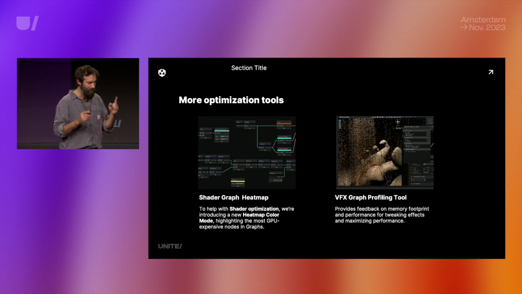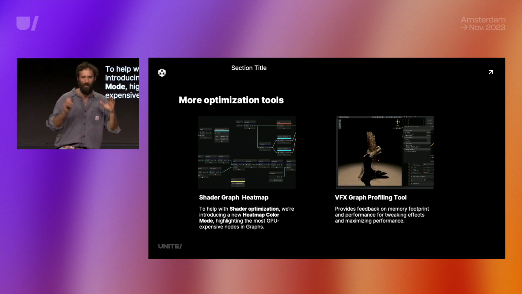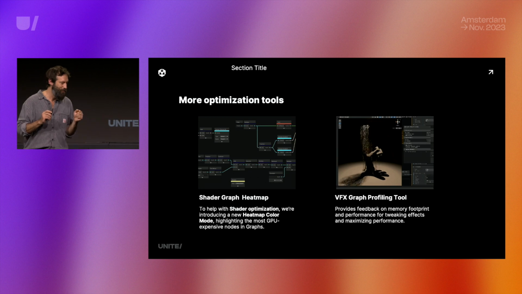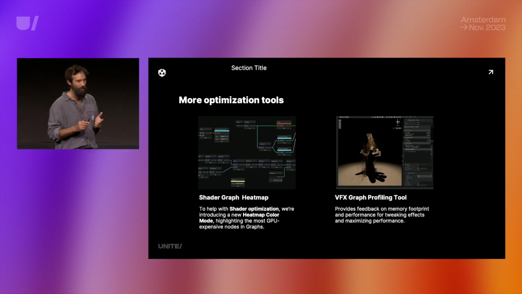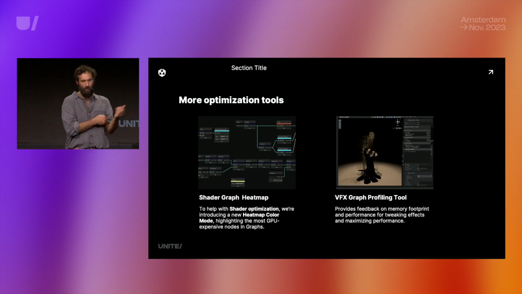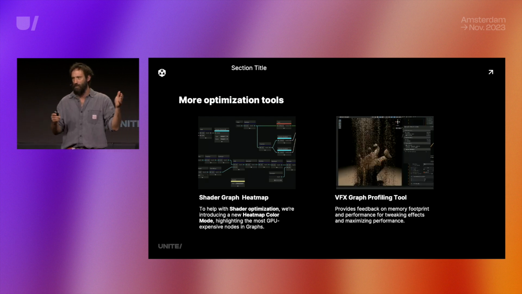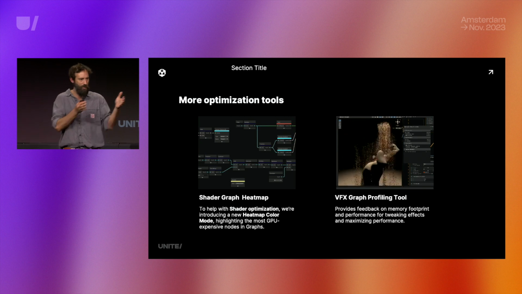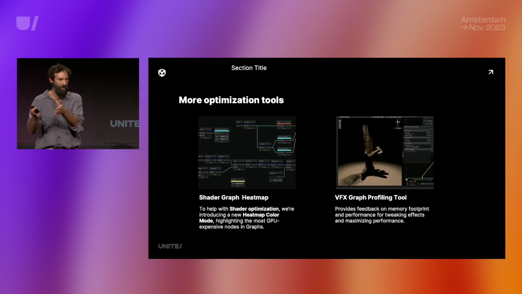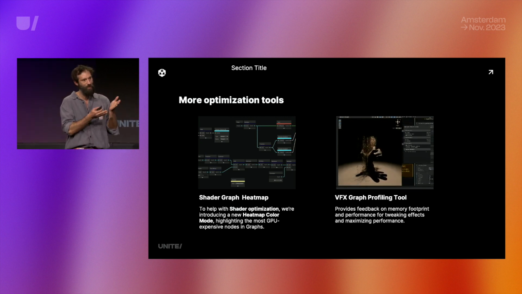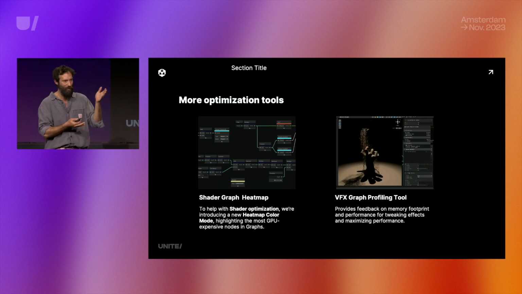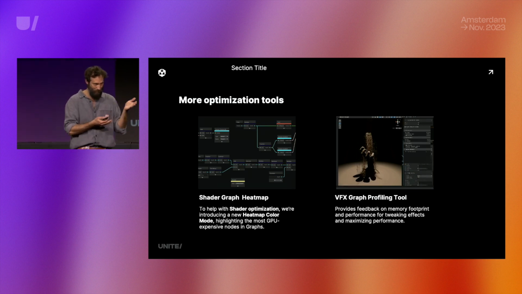And finally, we are close to the end. Sorry, it's a lot of information. We added more optimization tools. This is the last part which was really missing. We have tons of profiling tools in Unity, but sometimes, within your Shader Graph or your VFX Graph, it's really hard to know what is actually very expensive. You will very quickly know that this shader is expensive, but where?